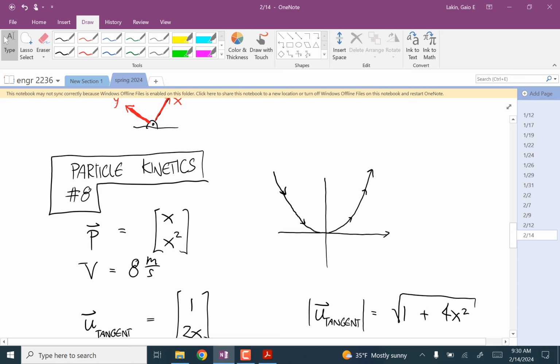Imagine this is part of a circle. You match a circle to exactly the curvature at that point, and it's going to be going straight up. So when x is equal to 0, that makes sense. It doesn't make sense anywhere else to be perfectly vertical, but if the speed isn't changing, that acceleration always has to be perpendicular to the path.